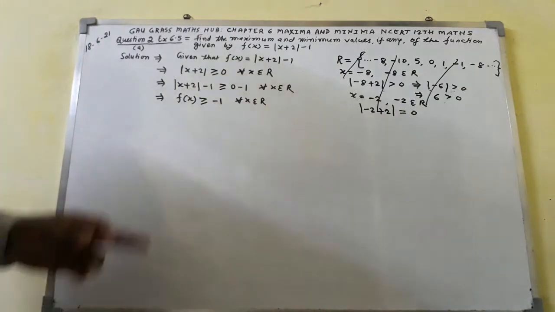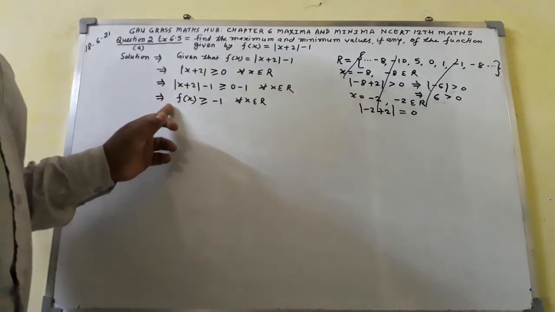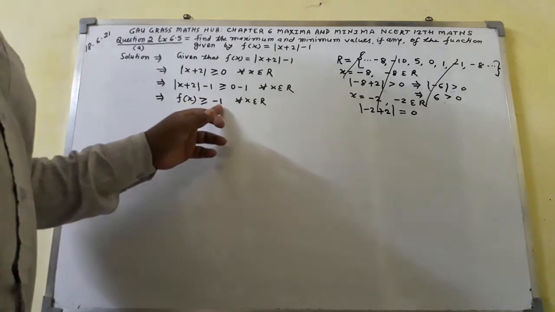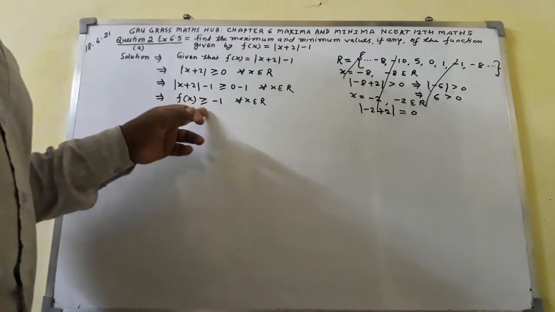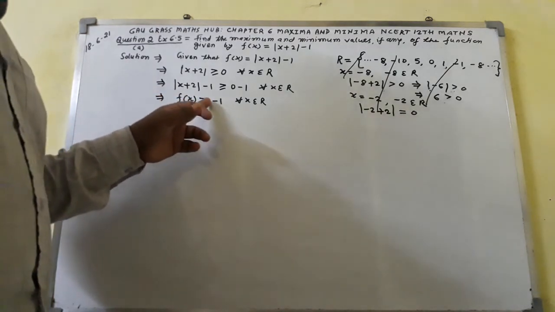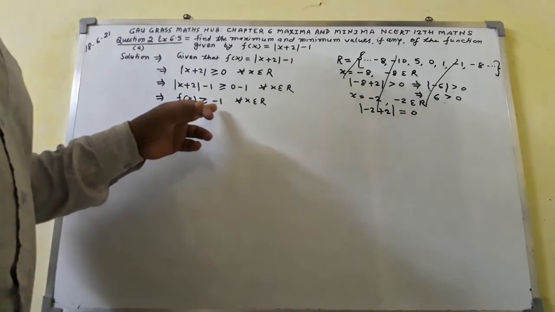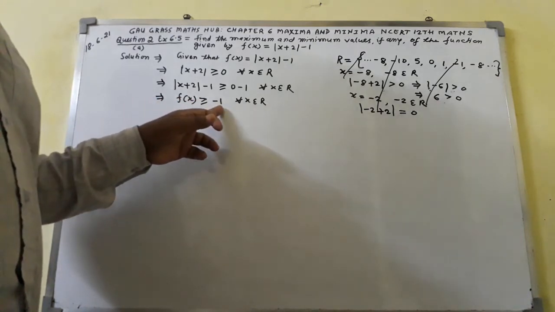This thing happens. So here you can see the value of f of x will always be greater than or equal to minus 1, or the minimum value of f of x comes out to be minus 1. Here f of x is equal to minus 1 you have got.